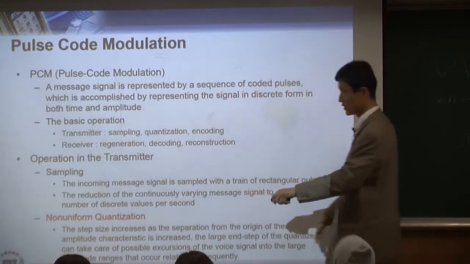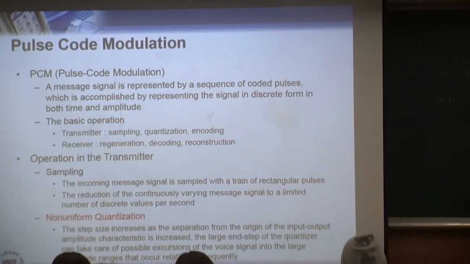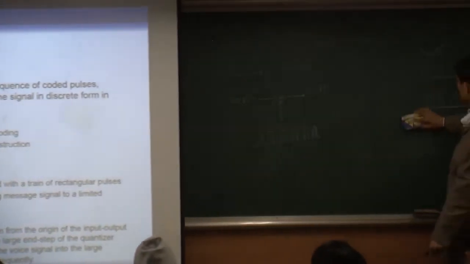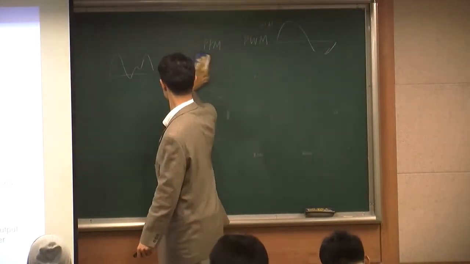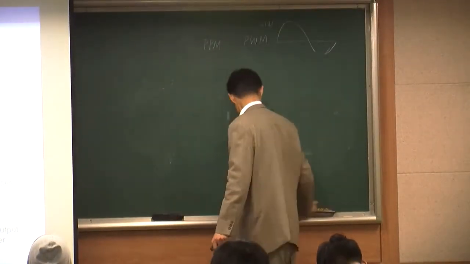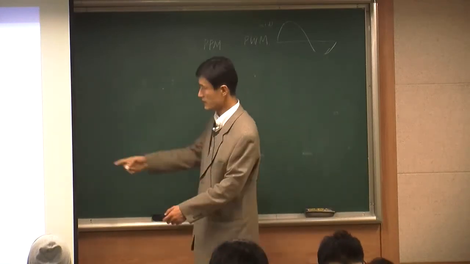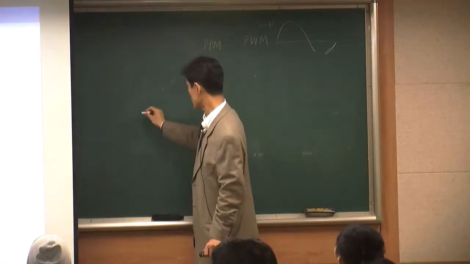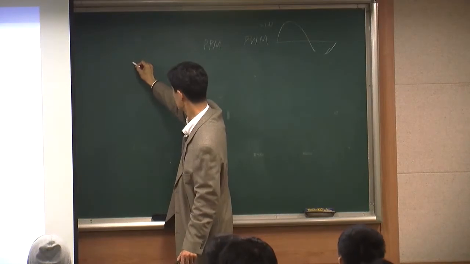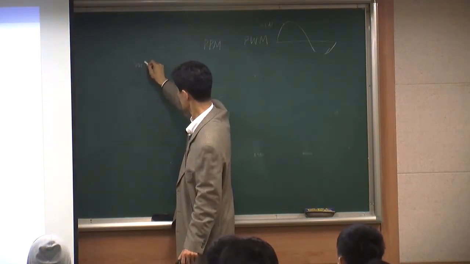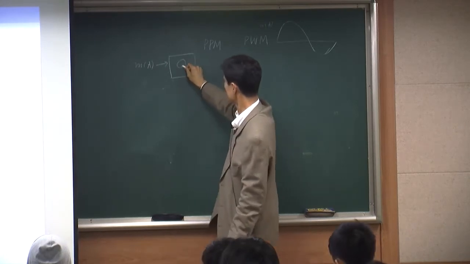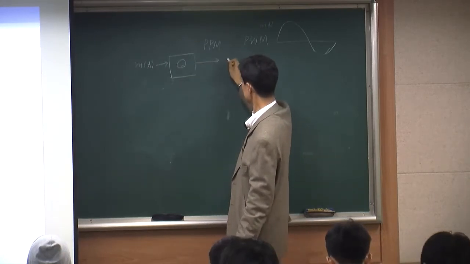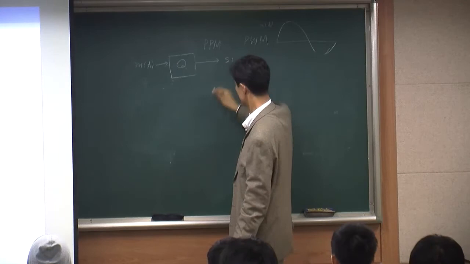I'll tell you what this non-uniform quantization means. Let's say we're going to use this quantization. Say we have an input, message, let's say. We have a quantization here, and let's say we have output.